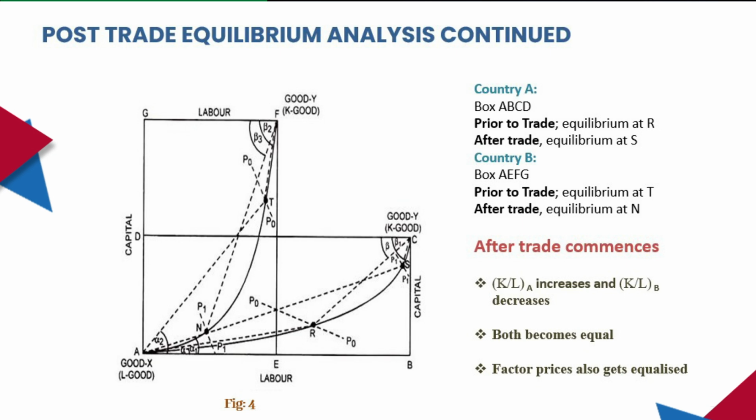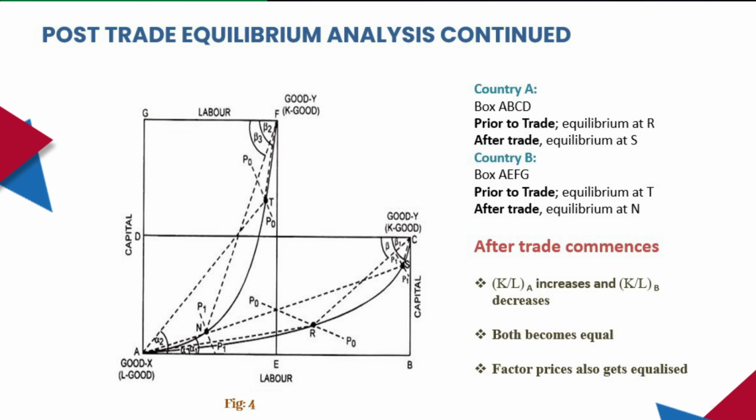The K by L ratio is not only explained by the lines AR and AS or CR and CS, but it is also reflected by the angles, as we can see in the figure.